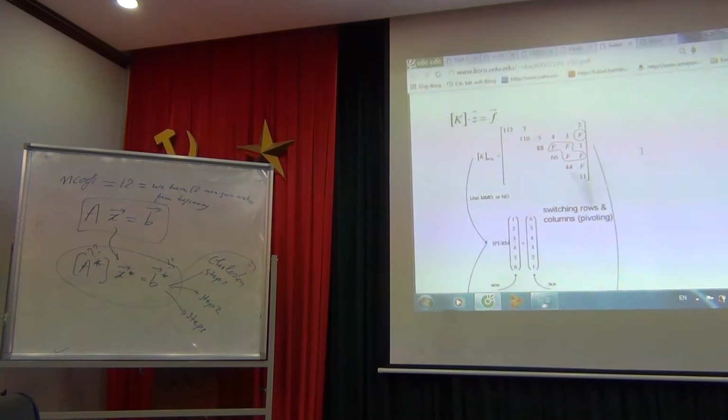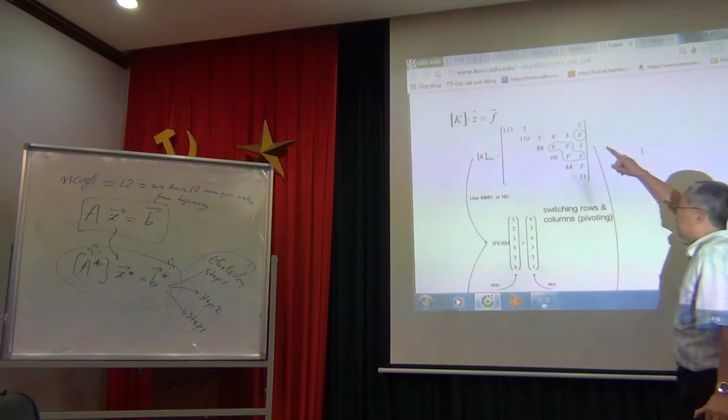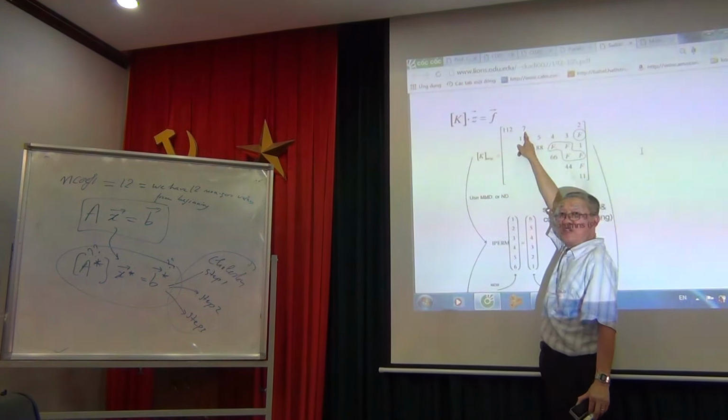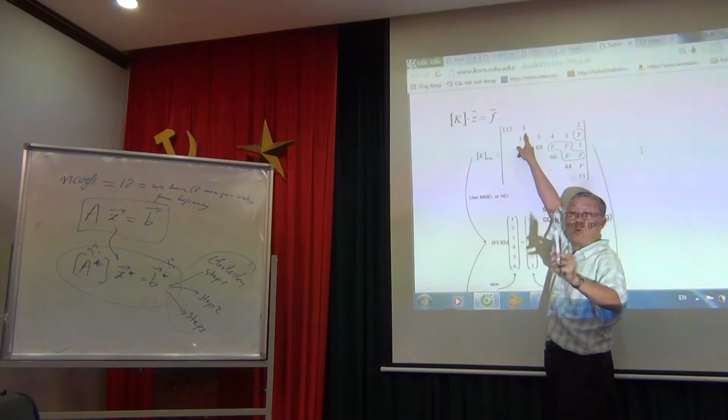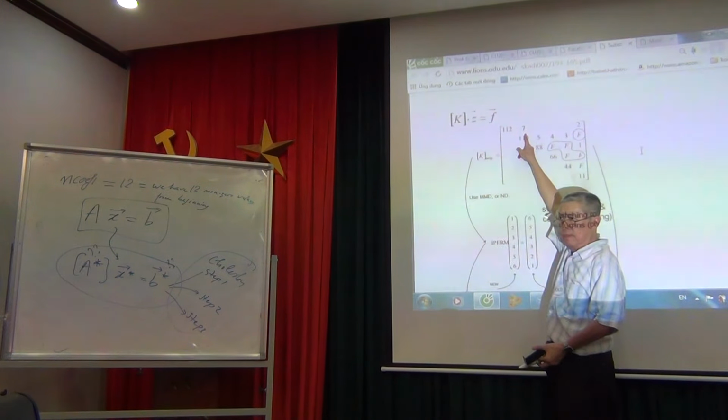First, let's take a look. This is a non-zero, number 7. Can you tell me what is the location? Row 1, column 2.